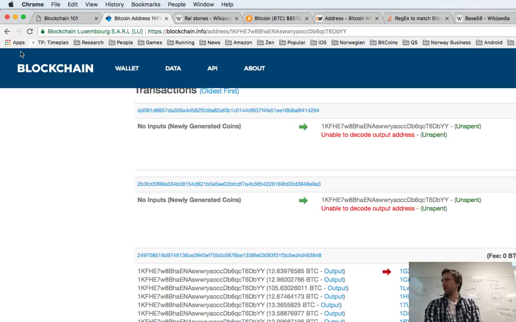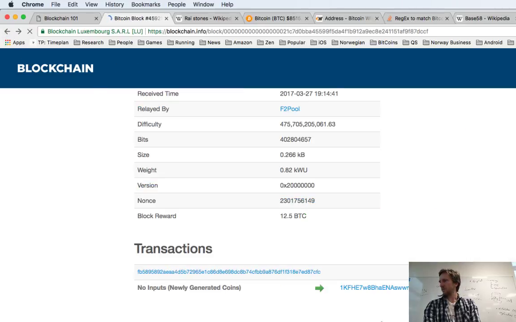We would need to check what the address was. So that's the block.